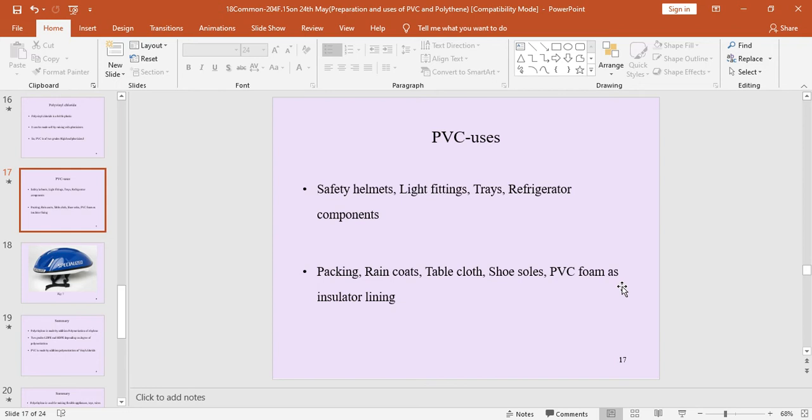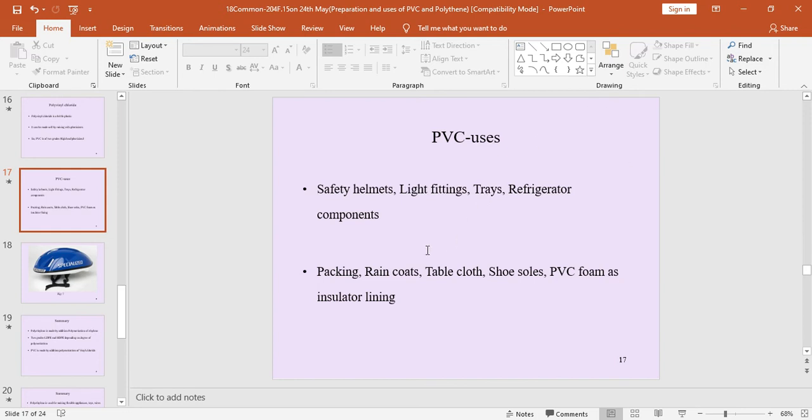Next, tank linings, motor parts and safety helmets. The production of tiles, tool handles, etc. is also done with PVC. It is also used for making coats, jackets and bags. These are the uses of polyvinyl chloride.